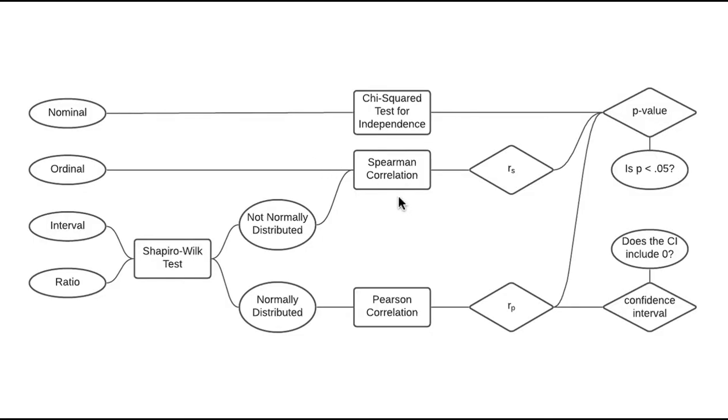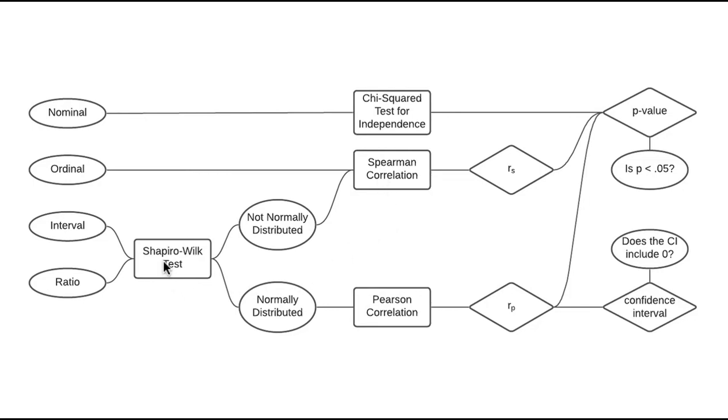This is a flowchart for choosing which kind of correlation you want to use, or you'll be able to use. Basically, if both of your variables are interval or ratio and normally distributed, you can use Pearson. Otherwise, you need to use Spearman.